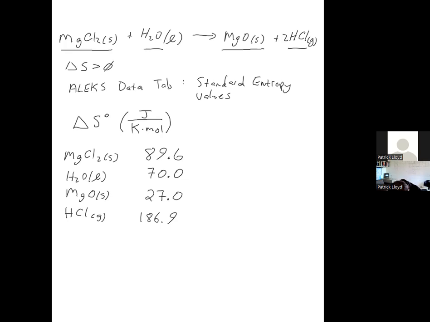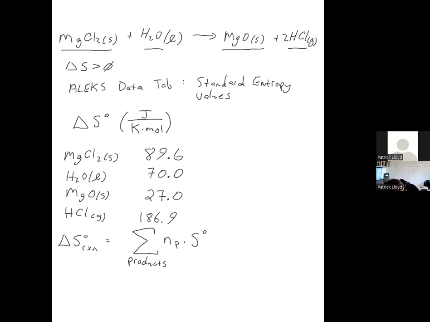So the formula, the change in entropy for the reaction. I'm going to use the statistical symbol sigma, which means add up, or sum, the summation of the products for the number of moles of the product in the chemical equation, that's the coefficient, times the standard entropy for that particular material.